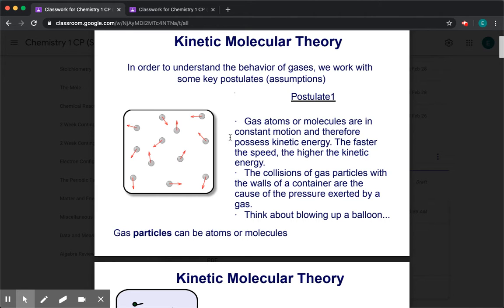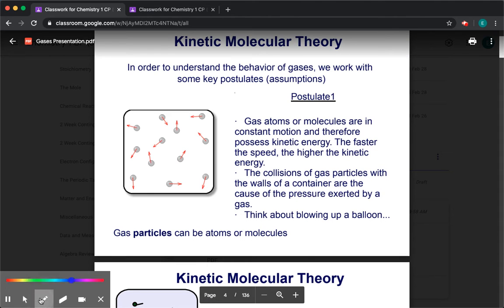So the first thing is that gases are in constant motion. And therefore, if they're in motion, they must have kinetic energy. The faster the gases move, the more kinetic energy they have, which seems perfectly logical to me. And the collisions of gases on the walls of whatever container they're in is what causes the pressure.